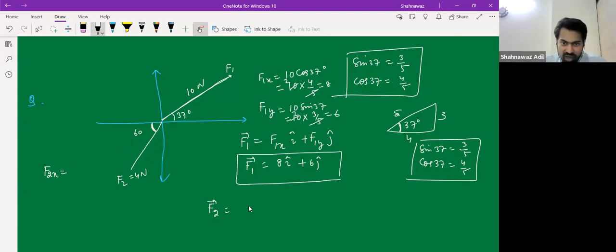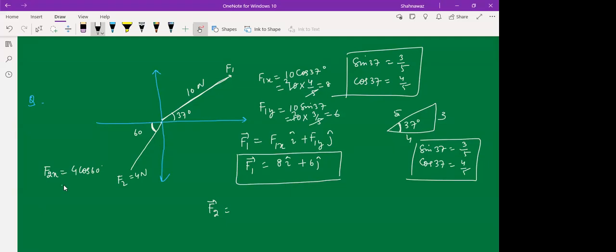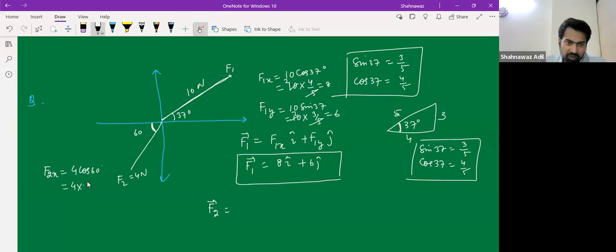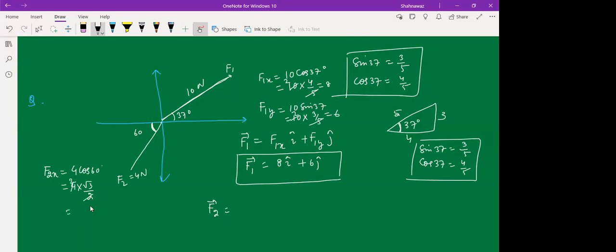Yes, this was the important thing. We have to find this, 4 cos 60, so 4 and root 3 by 2, so this is 2 root 3.